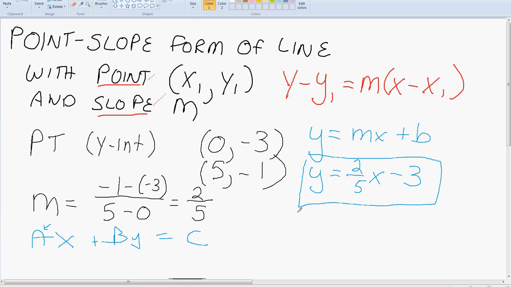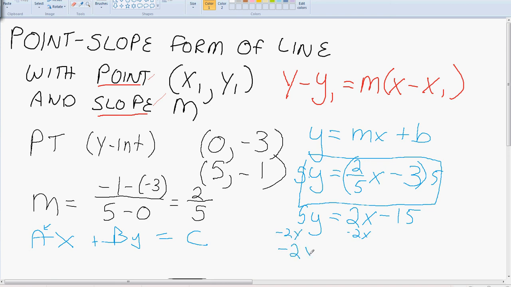So let's do a little work and see if we can get there. First thing I'm going to do is take this fraction, 2/5. I want to get rid of the fraction because we want nice round integers. So I'm going to multiply everything by 5. So I've got 5y equals 2x minus 15. I can then subtract 2x from both sides.